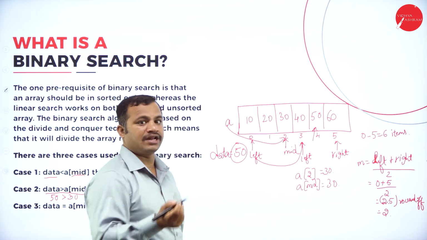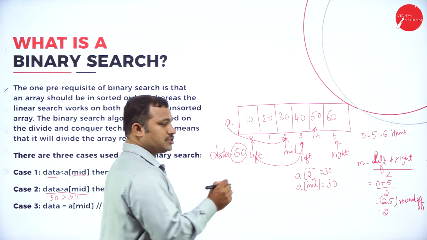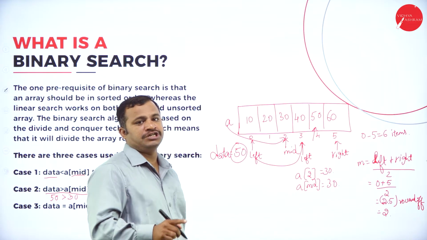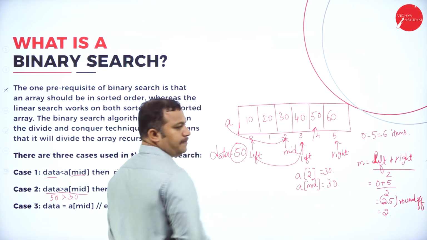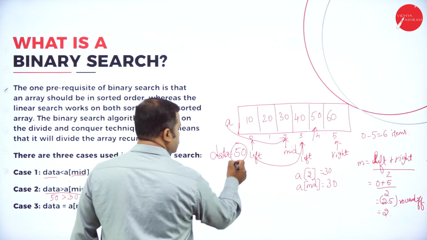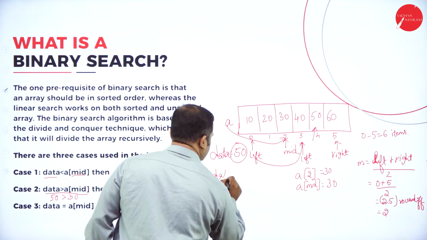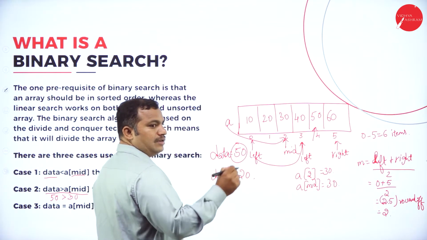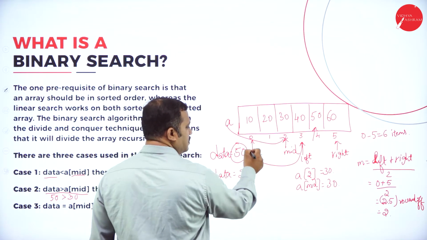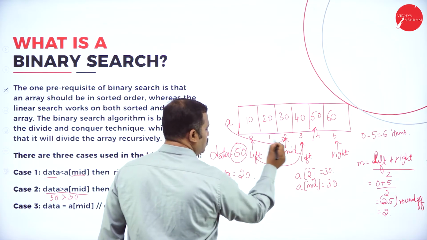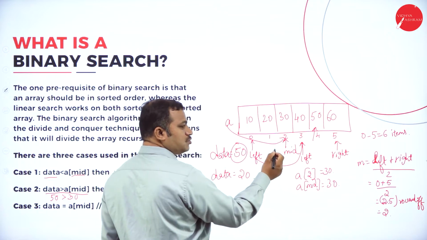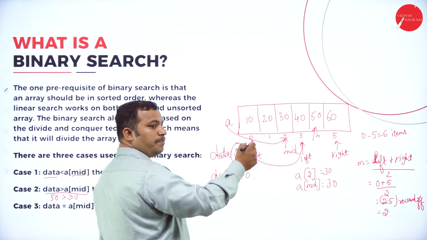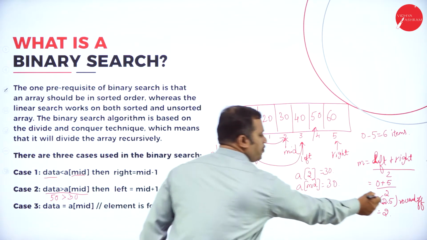in the next iteration. Suppose the element to be searched is 20, that is, in this case, data is equal to 20. Initially, left was here, right was here. So left plus right by 2 is 0 plus 5 by 2, which is 2.5.